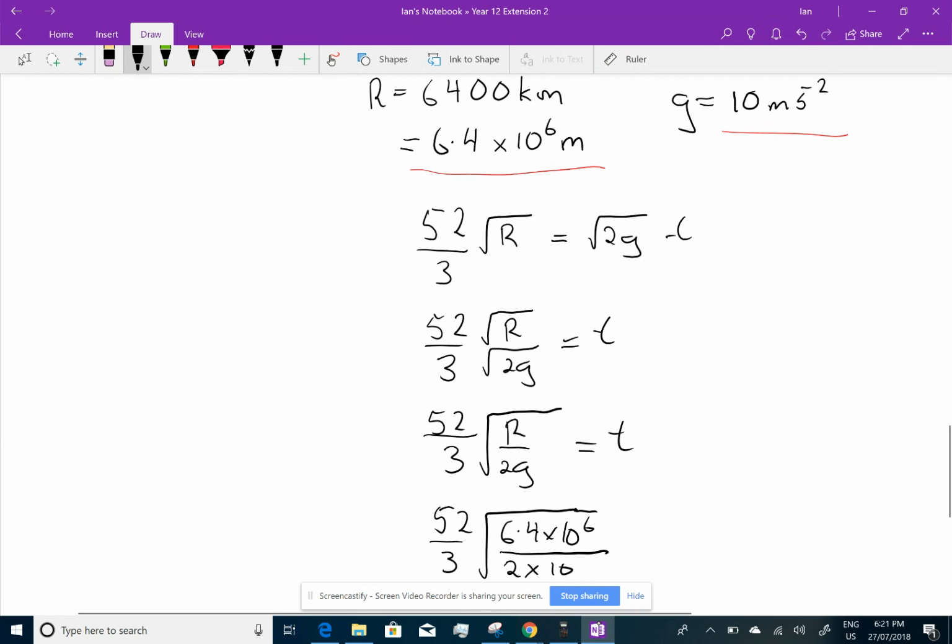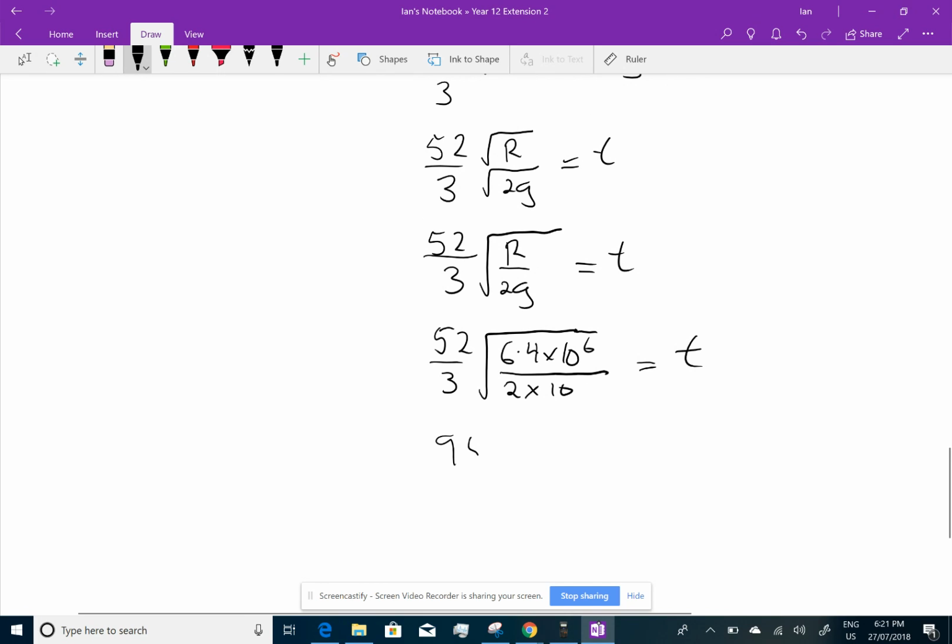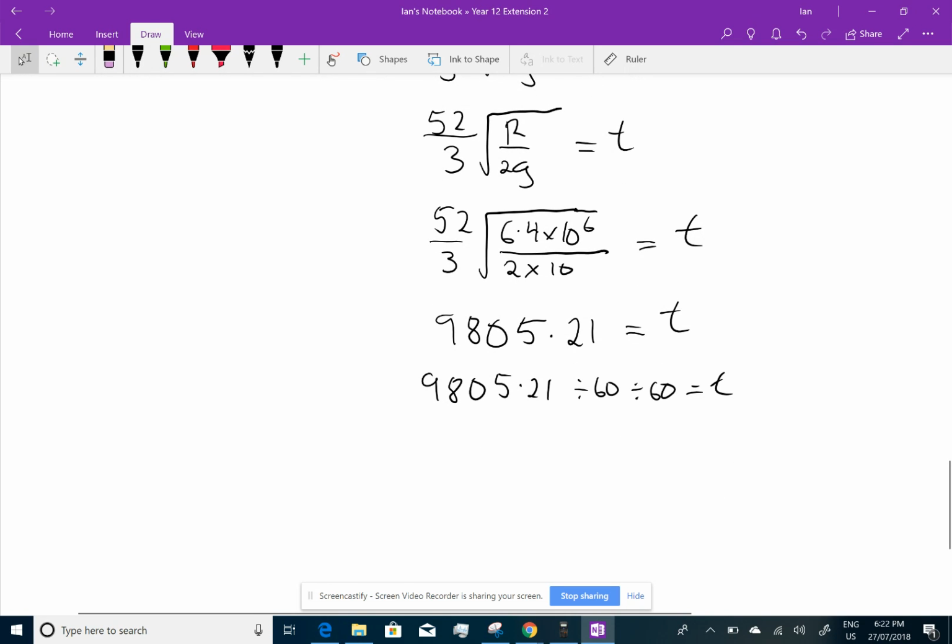We don't need to be worried about the negative, equals t, which is 9805.21, because it's in seconds. We'll divide by 60, and we'll divide by 60 again. That's t. And when we do that, we get 2.72367 hours. 2.72 hours equals t. Whew.